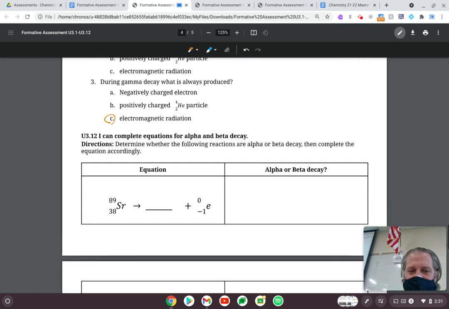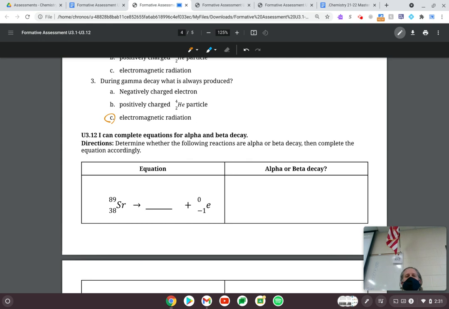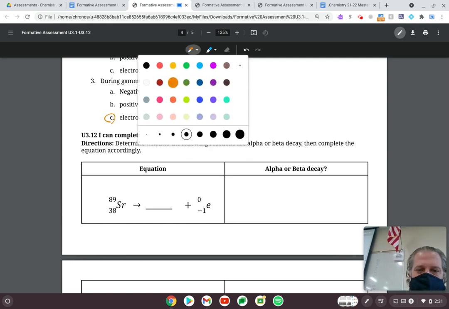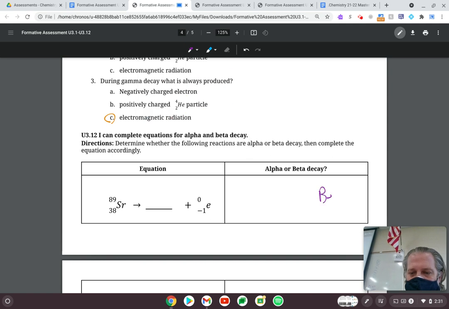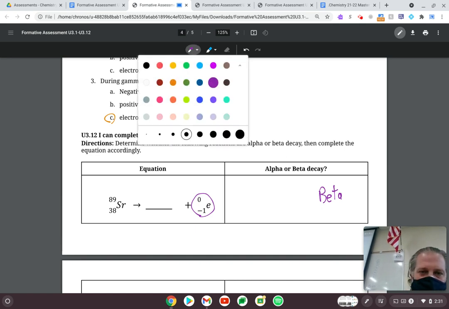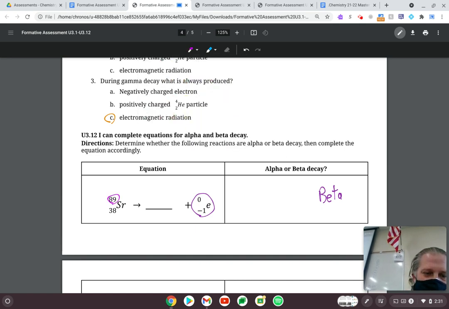All right, now we need to figure out what's going on here, alpha or beta decay. Well, based on what we just discussed, this one is going to be beta decay. How did I know? There's an electron present. And both sides have to add up, right? So in the case of the mass number here, 89 minus 0 has to equal 89, so I'm going to put an 89 on top.